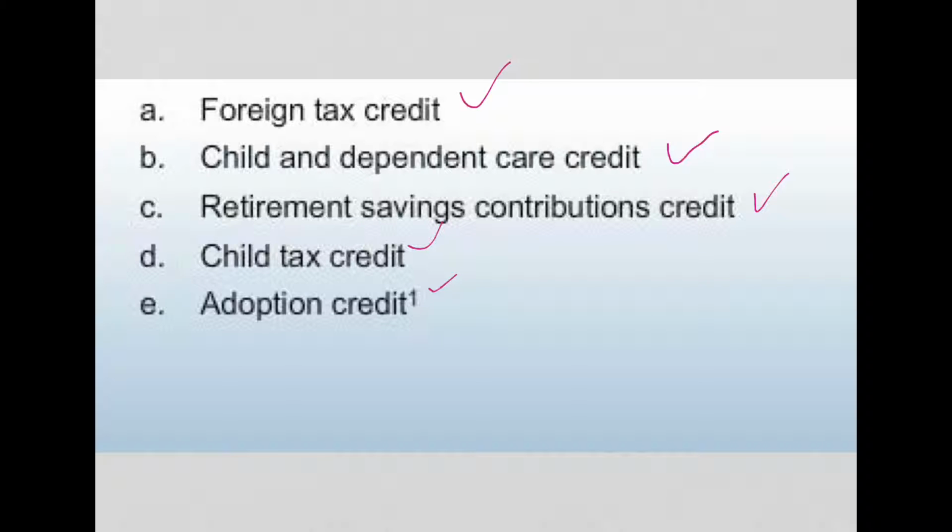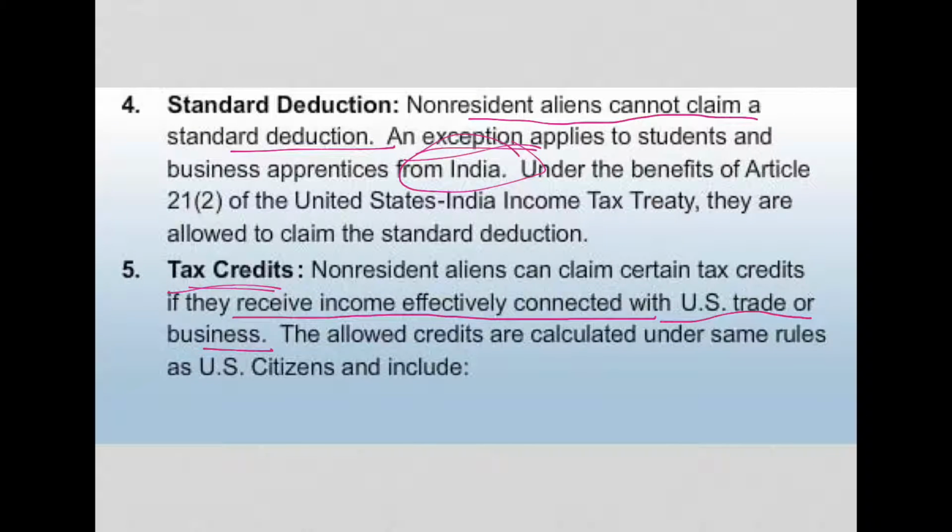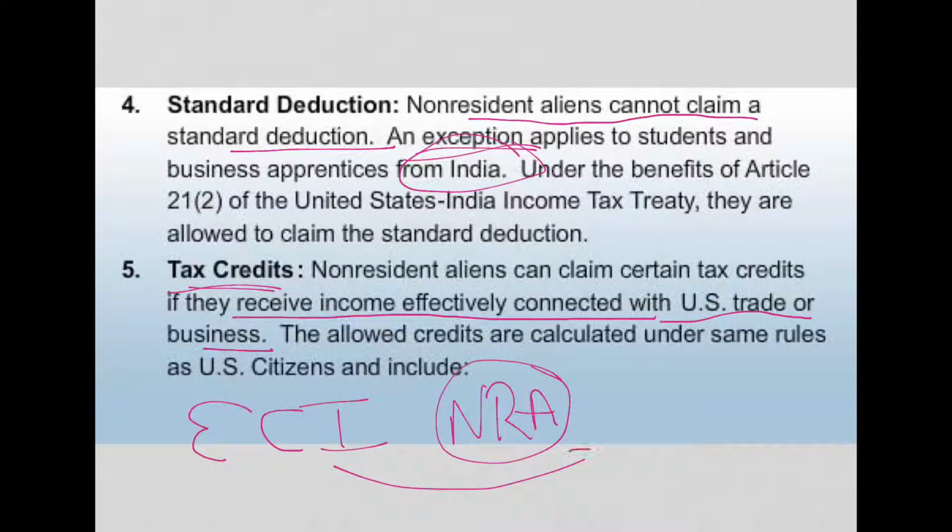And these things are not things you would remember outside of this semester, but when doing a return, the thing to remember is, I think the way to remember it is if there is ECI and you're a non-resident alien, then it should just automatically say, well, there might be some deductions because ECI allows for deductions.